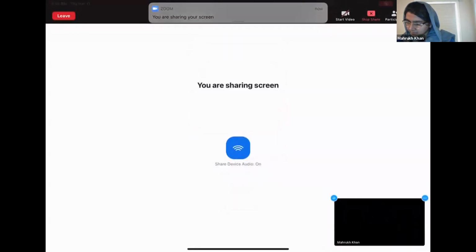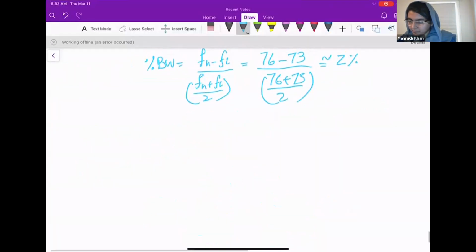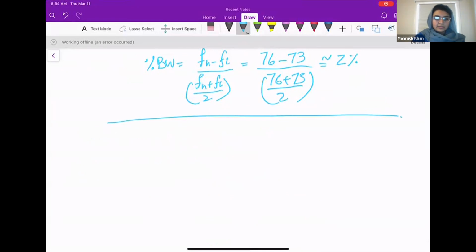So I will address this one question. In the B part, they are asking about the half power beamwidth in degrees.